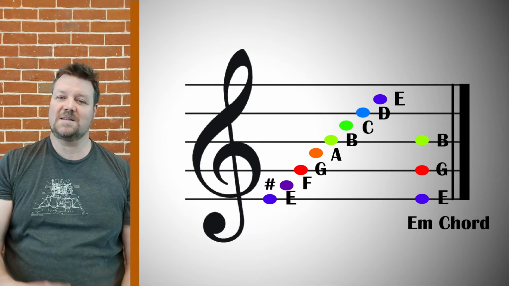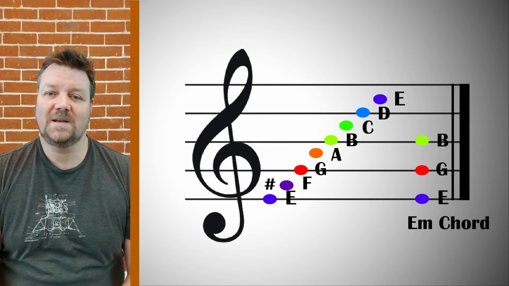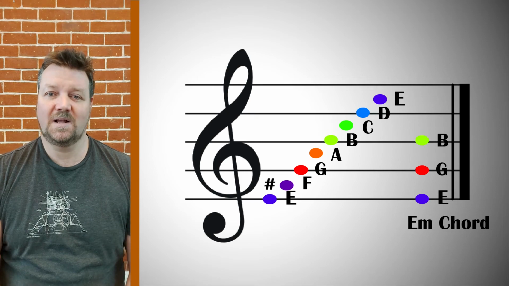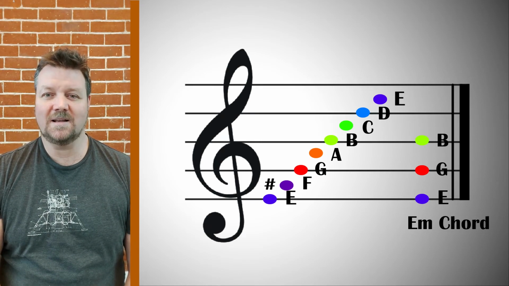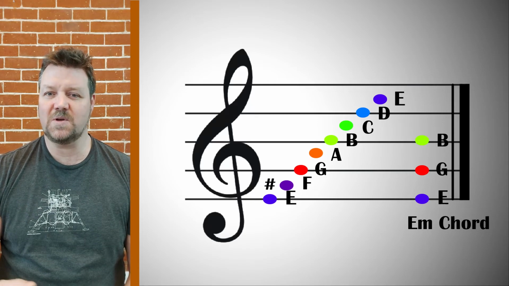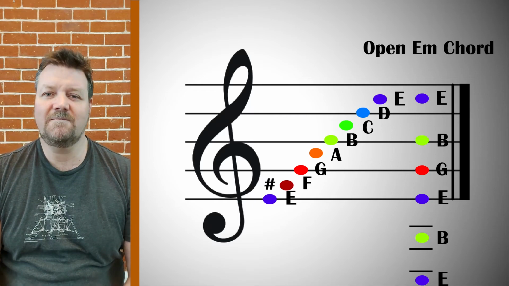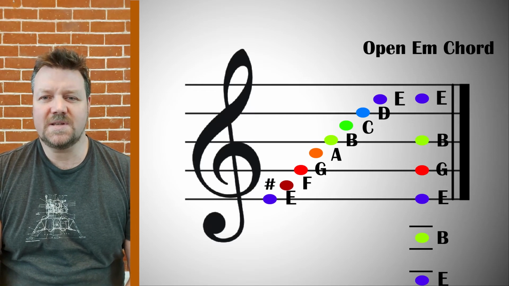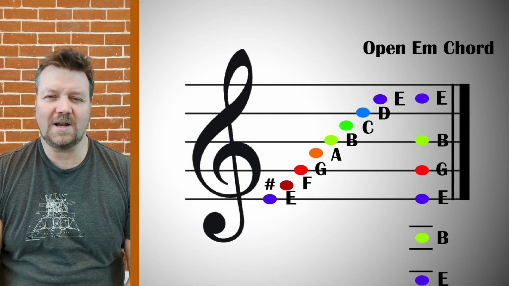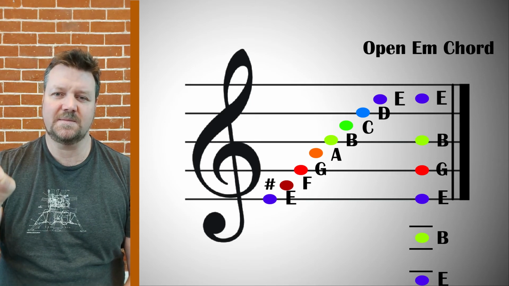So if you take the E minor chord, as we have here, it looks nice and easy, doesn't it? But on guitar, it's actually got 6 notes being played, and we can split them up like this. So just have a think about where you've got each of those notes playing.